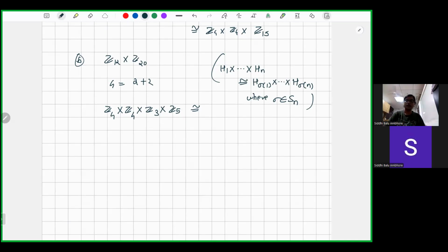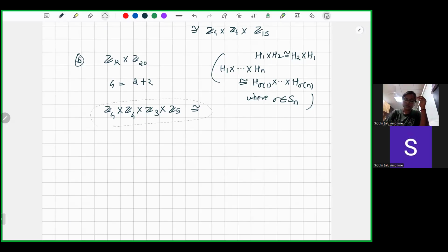I mean, what I'm saying is that in short, this H1 cross H2 is isomorphic to H2 cross H1. So isomorphism holds under permutation of groups in direct sum.